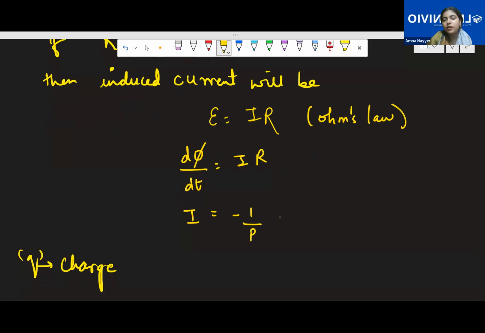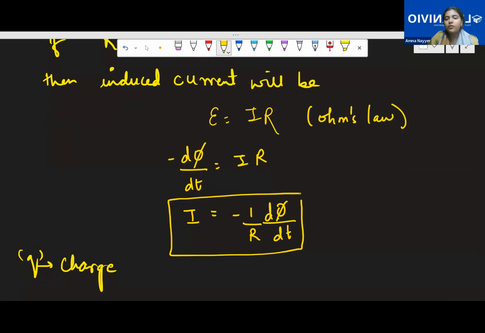Minus 1 by R d phi over dt. Here a minus sign would also come. So this is also a formula of current which you can use, and this question has come in the exam.